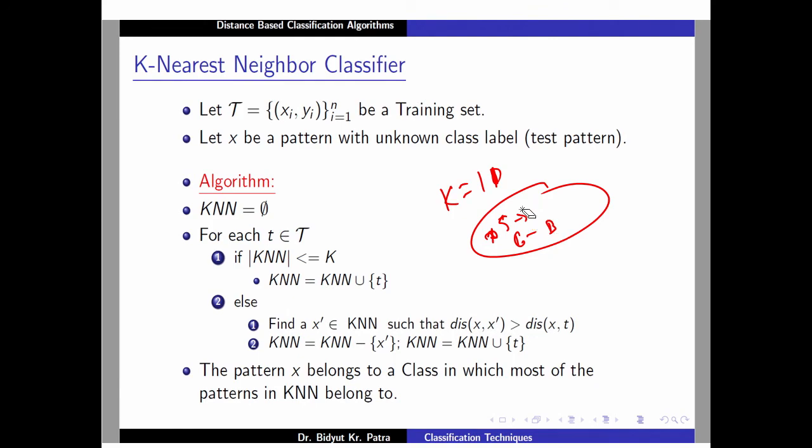Let us say the class distribution is 4 of class A, 5 of class B, 2 of class C. Then the majority of the patterns belong to class B, so the class level will be B. This is the idea for the k nearest neighbor classifier. In the next class we talk about how to implement this and what the complexity will be for finding the k nearest neighbors.